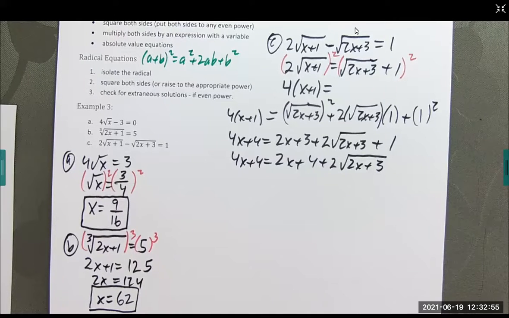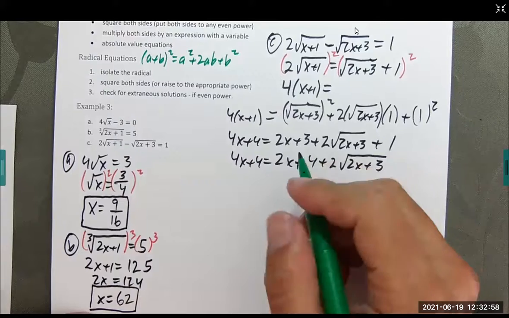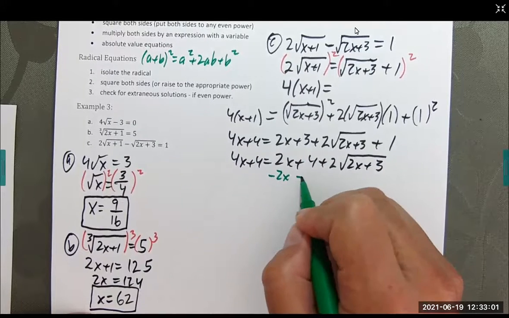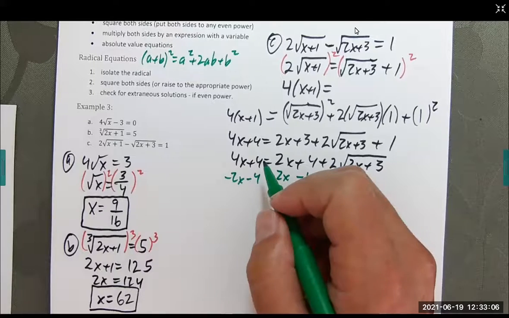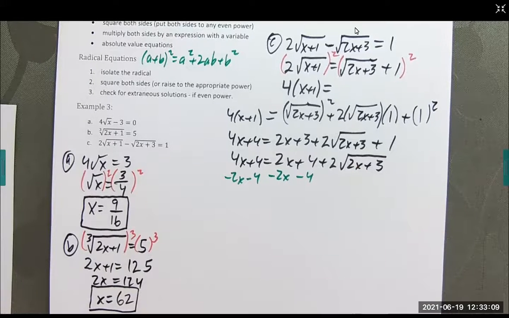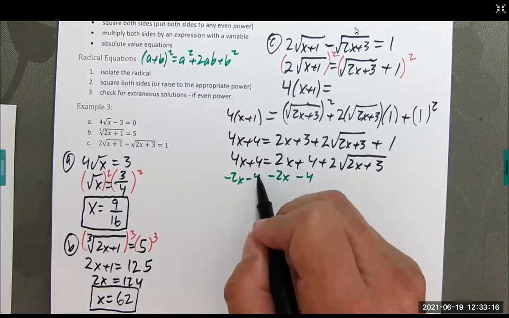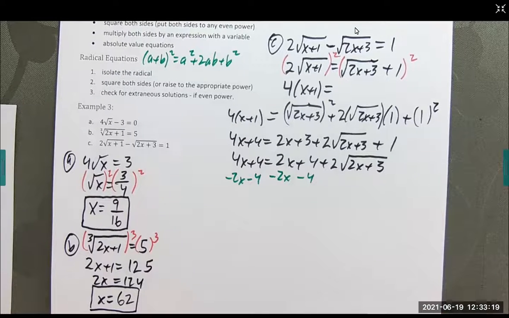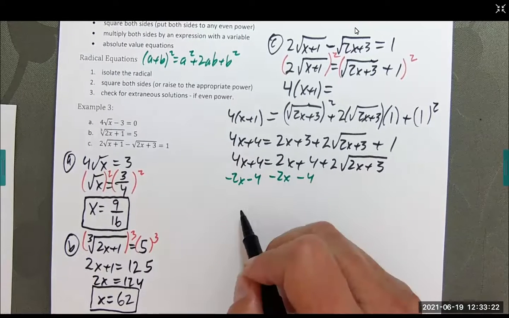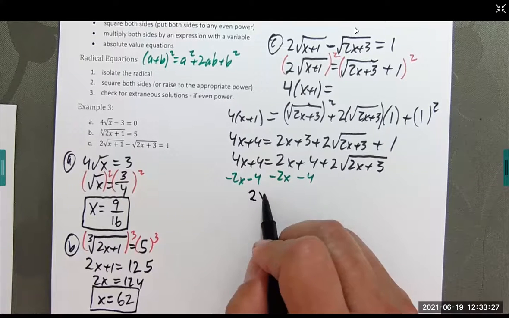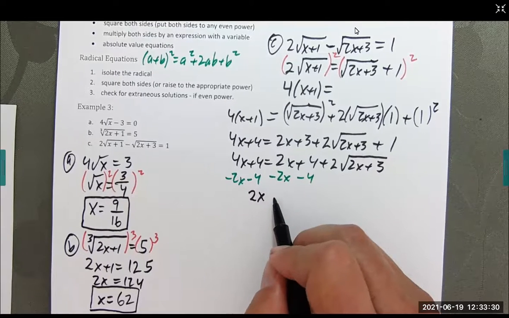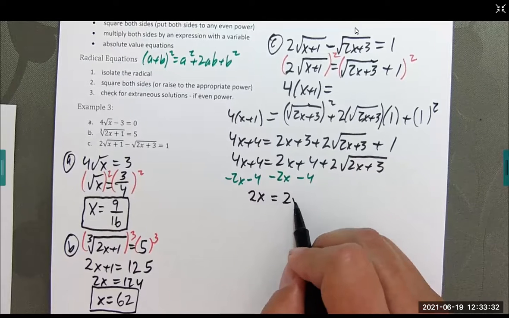I still need to get this radical by itself over here. So I'm going to move this to the other side. Here, the 4s are gone. And here, this is now 2x. 2x equals 2 radical 2x plus 3.